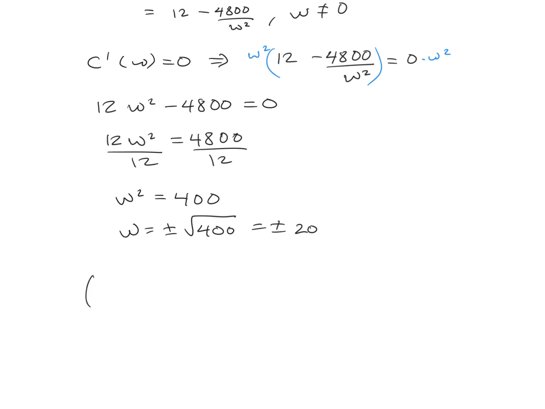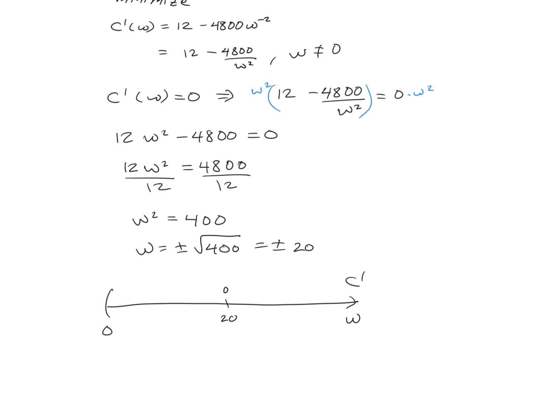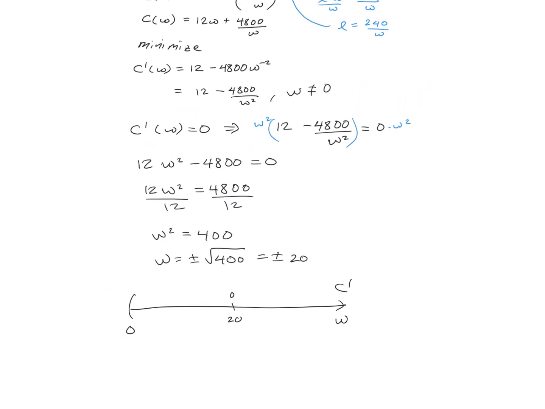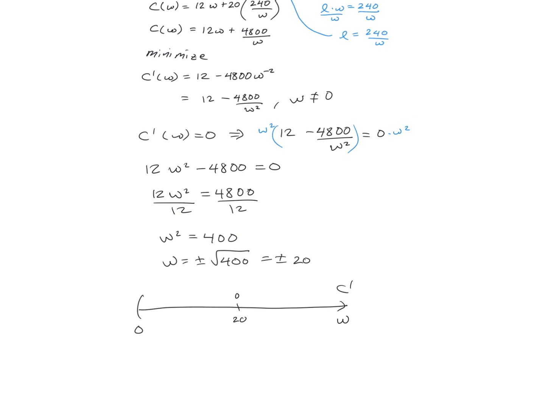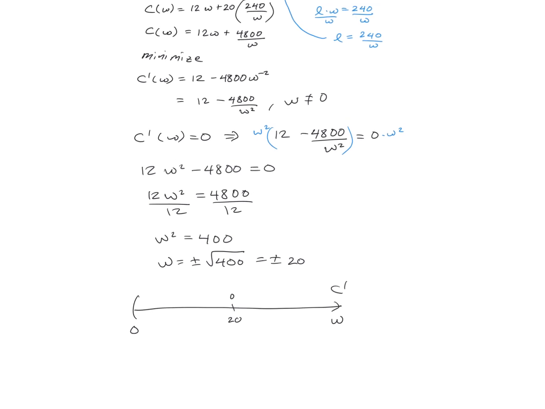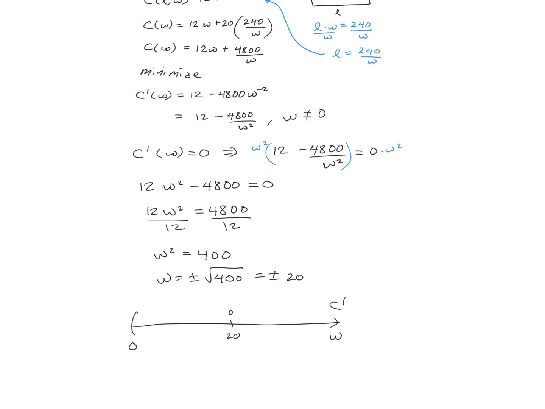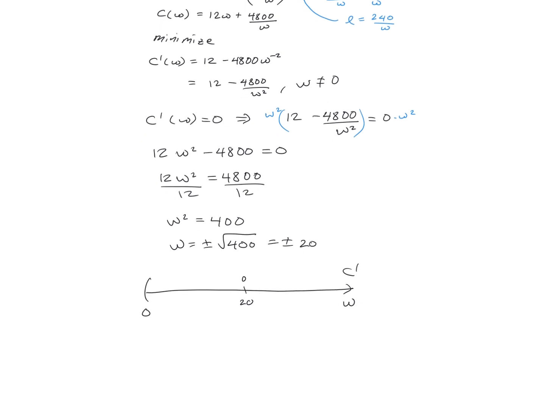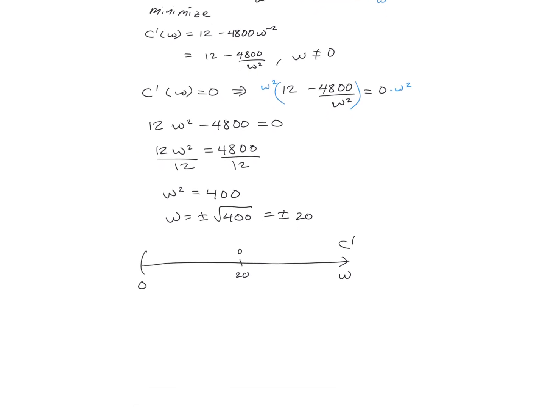When we draw our number line, it's going to start at 0, and we have a critical number at 20, so we put a 0 above it. Now we need to test what's happening on both sides of our critical number in our derivative. If we substitute a 1 into C prime, you'll notice quickly that it is negative. So on this entire interval, we have a negative derivative.